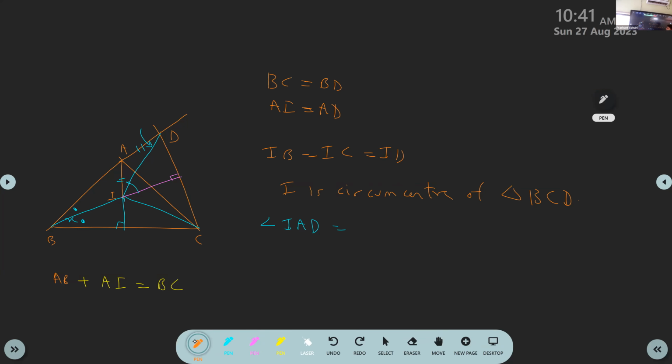Okay, so angle BID is 90 plus x, right? Which other angle can I compute? Can I compute angle ADI? How much will angle ADI be? How do I compute that?